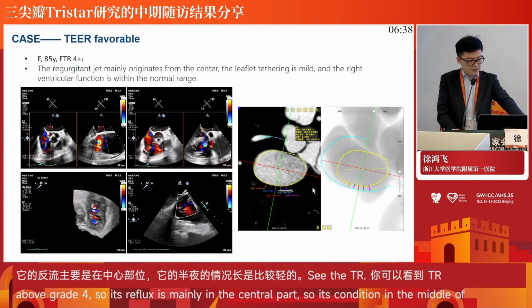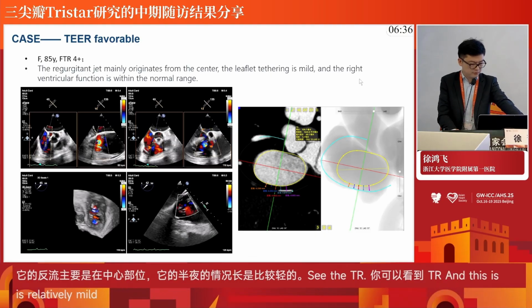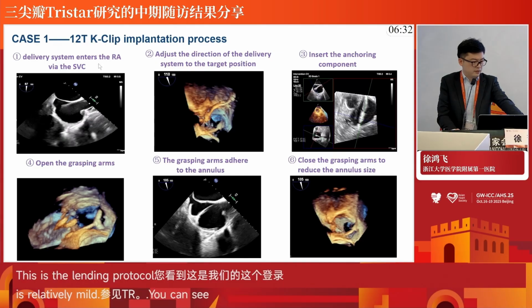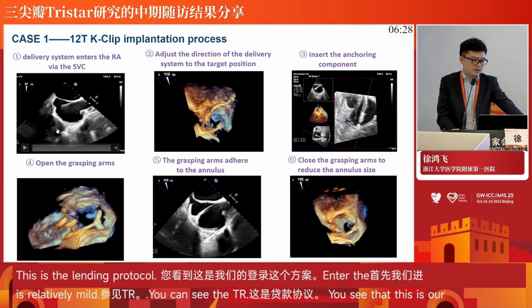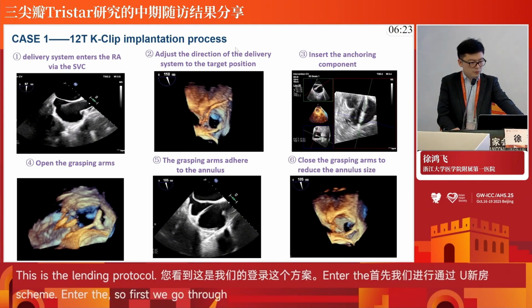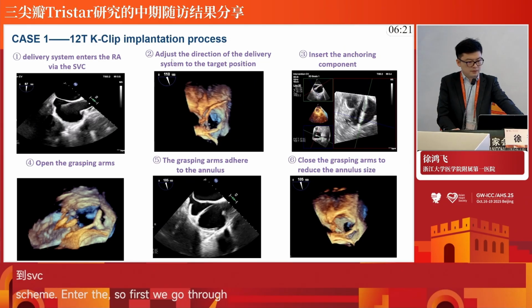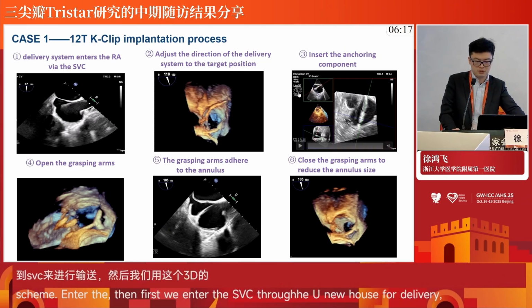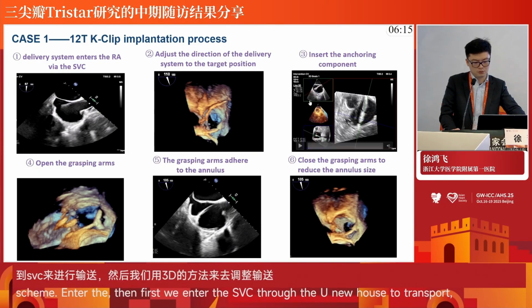And this is the landing protocol for the K-clip. First, we deliver the system, entering the right atrium over the SVC under the guidance of TEE. Then we use 3D to adjust the direction of the delivery system to the target landing zone.